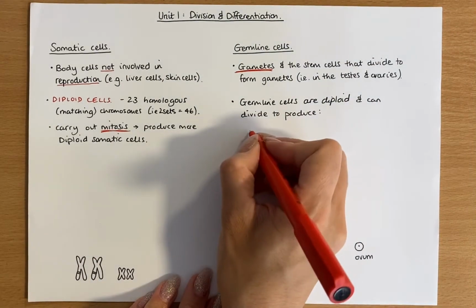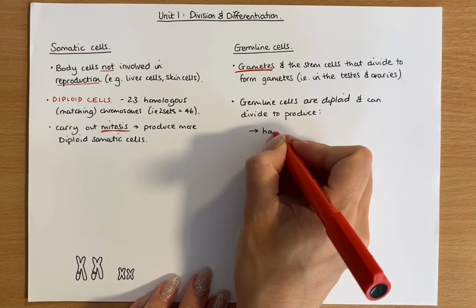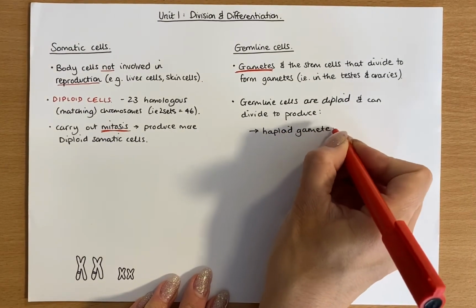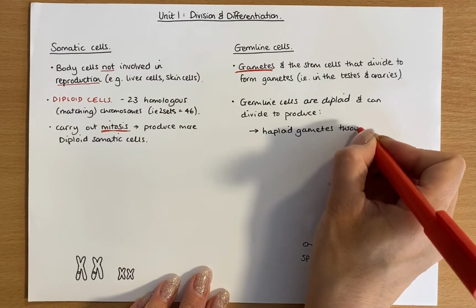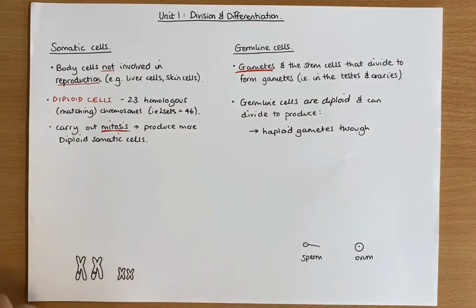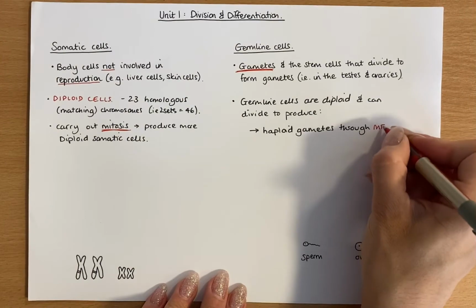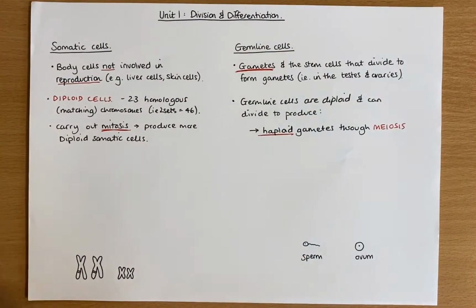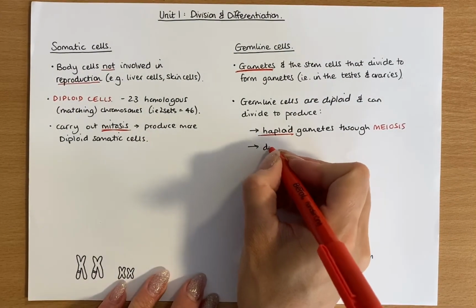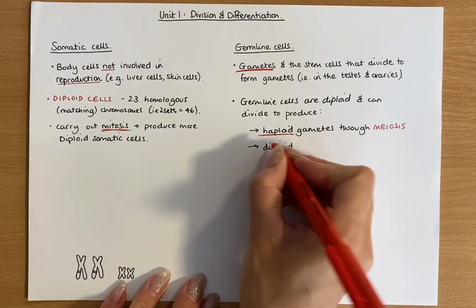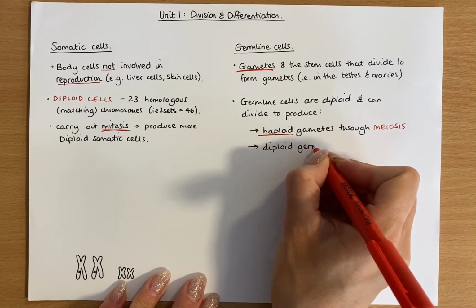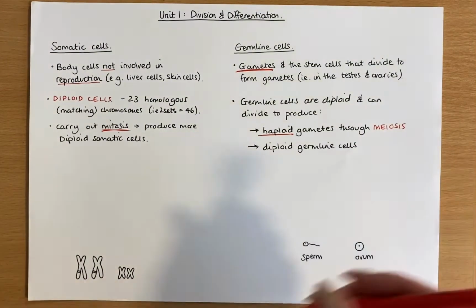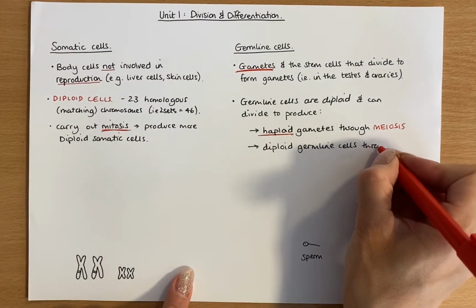Okay, so they can divide to produce haploid gametes through what we call meiosis, which is a new type of division that we don't know about yet. And they'll also be able to produce diploid germline cells, so more copies of themselves, with the same processes we talked about here, so through mitosis.